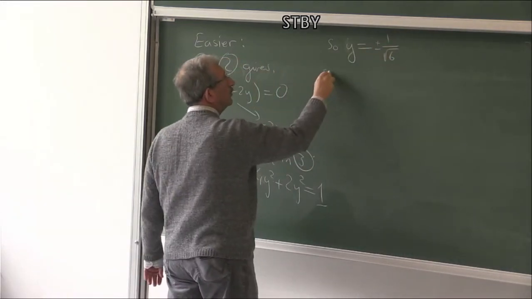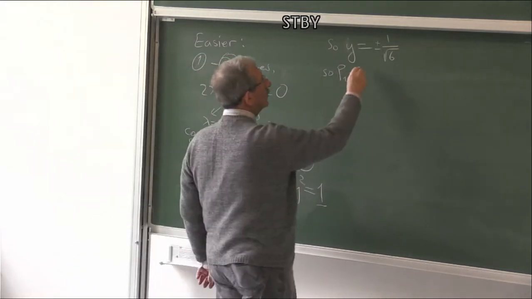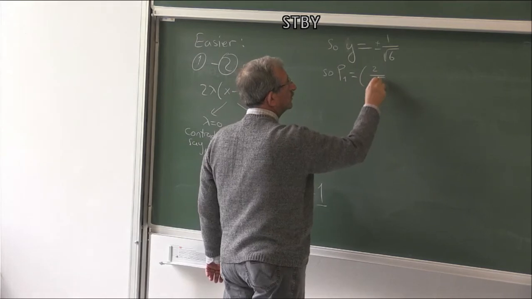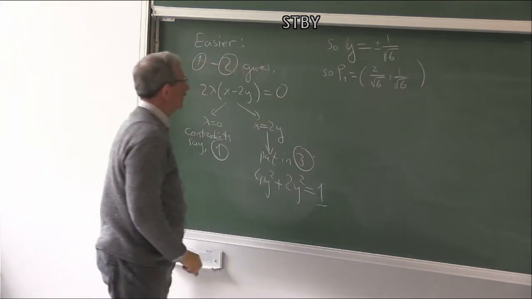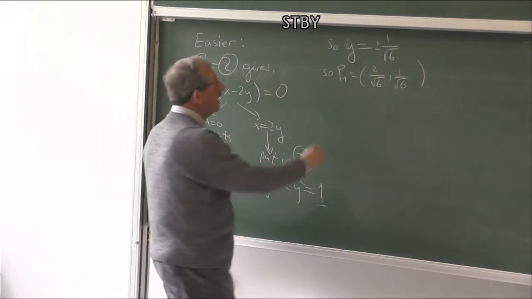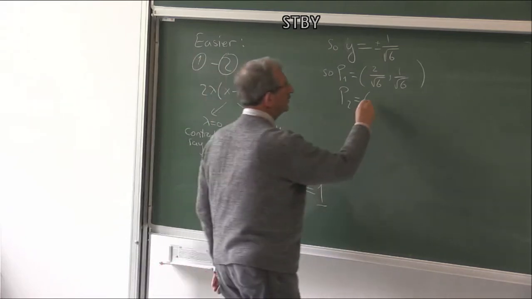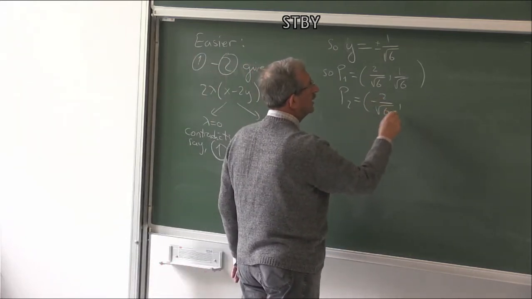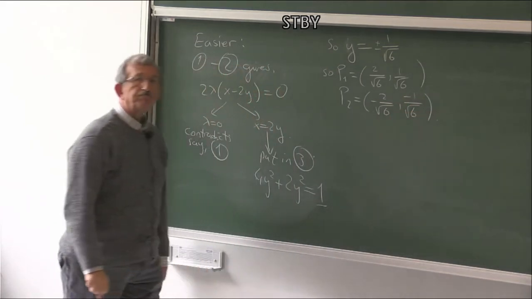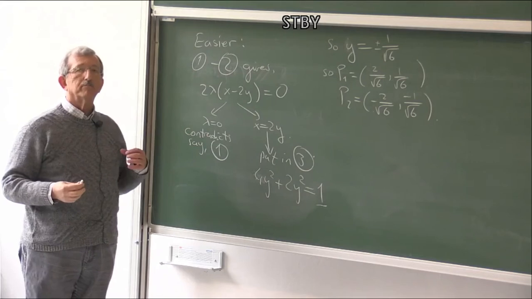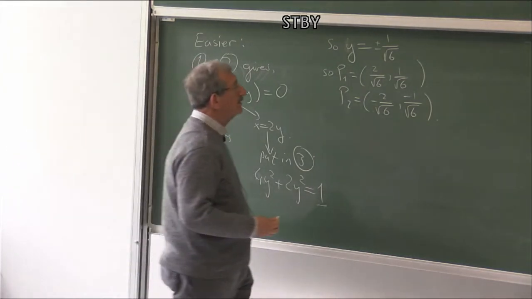P1, since x is 2y, is 2 over root 6 and 1 over root 6. And P2, which is the negatives, is minus 2 over root 6 and minus 1 over root 6. So we get 2 points from here. There is nothing left that we did not analyze.